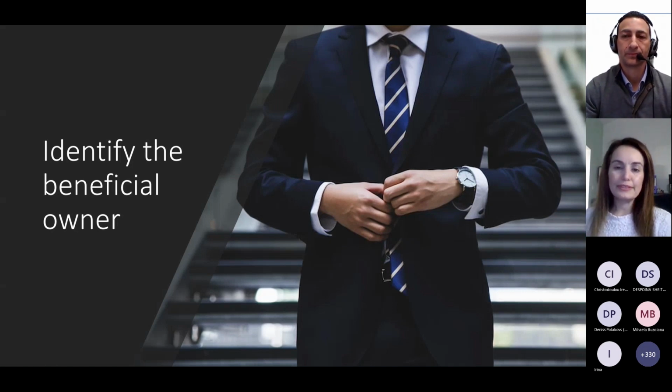So this is a challenge that we have. It's not easy. We don't stop until we manage to identify the person who benefits from the company. Maybe he's not the shareholder, but he's the beneficial owner. It might be a shareholder, but it might not. He might not appear as a shareholder but ultimately controls an entity or an ownership structure.